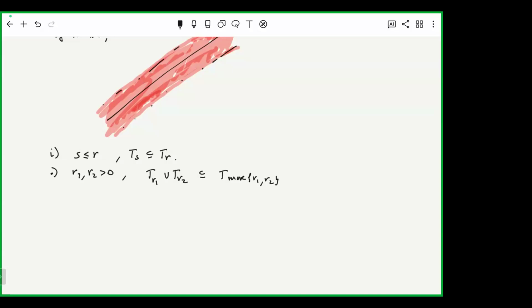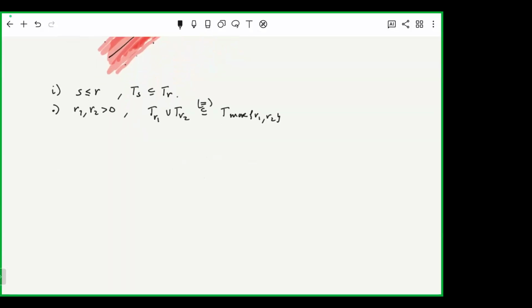Actually, this is an equality, but I only want the inclusion. Then what else? You see the diagonal is contained in every tube.